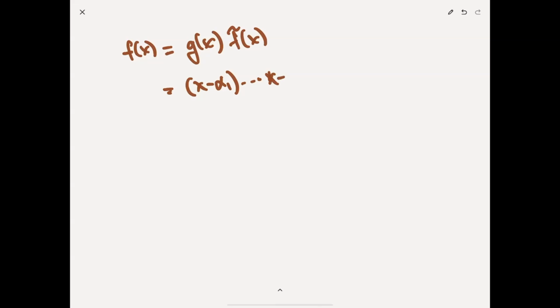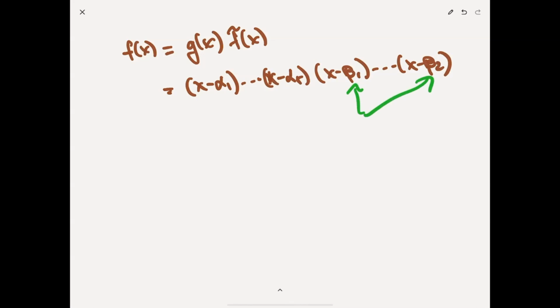If f of x is equal to, let's say, g of x f tilde of x, like this, these things will break up over an algebraically closed field. These things are not in F, but they're in F bar.